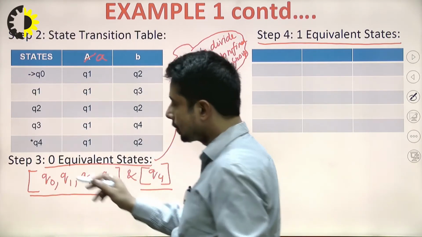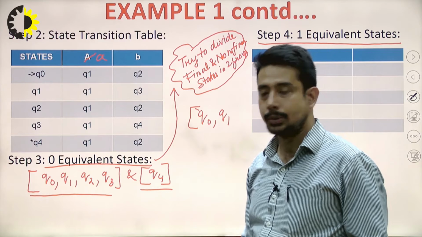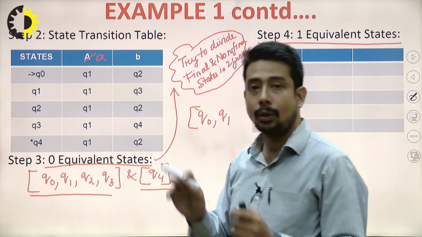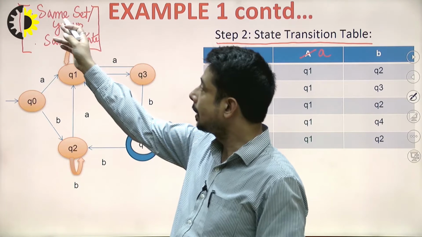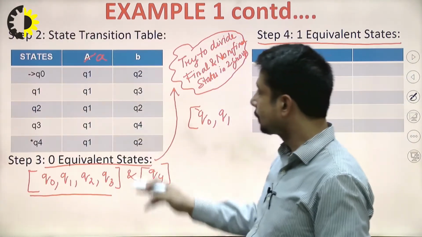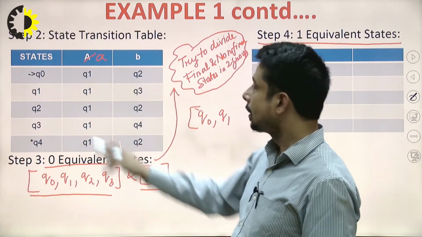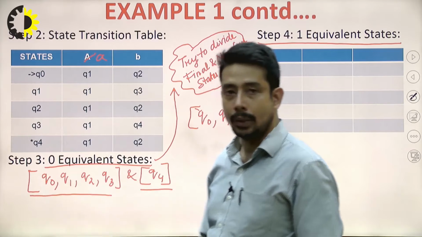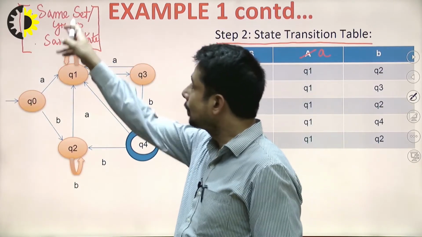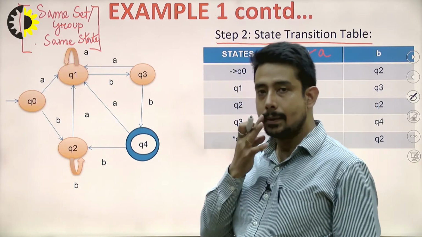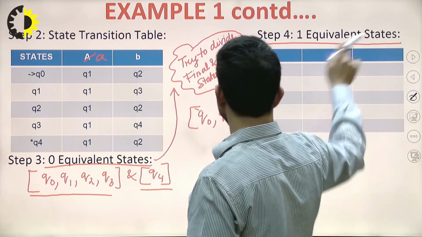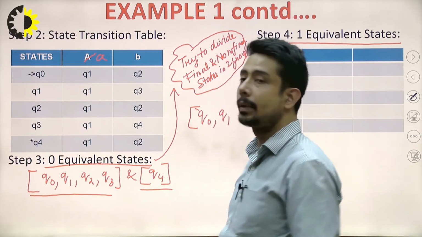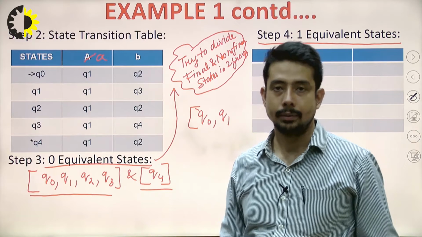So if we look into these 0 equivalent states groups, Q2 and Q3 fall in the same set or same group. That is nothing but one of the criteria, right? So for both the input symbols, Q0 and Q1 together are accepting one of these two categories. That means in the next state, that is 1 equivalent state, Q0 and Q1 will come together. They won't be separated.